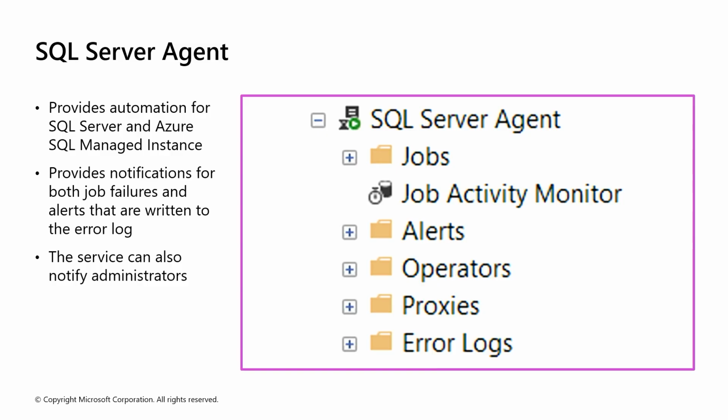Proxies allow jobs to run under an alternate security context, enhancing security by limiting access to sensitive resources while maintaining functionality. Lastly, error logs capture system-level and agent-related events, serving as a vital tool for diagnosing issues and auditing system behavior.